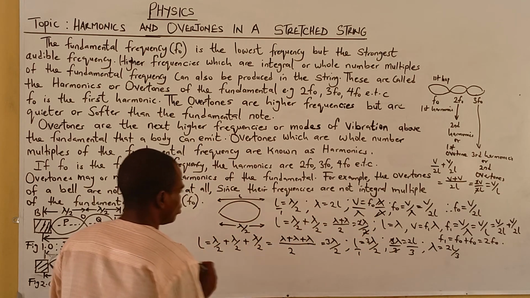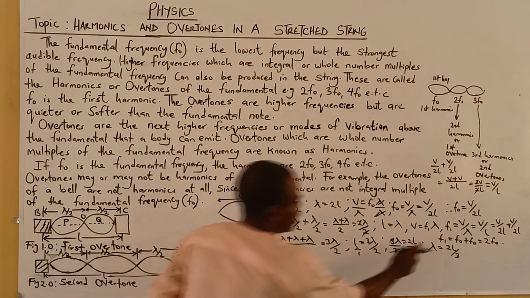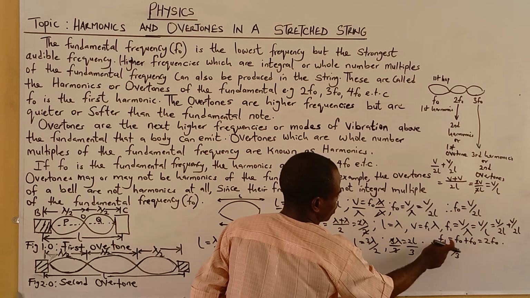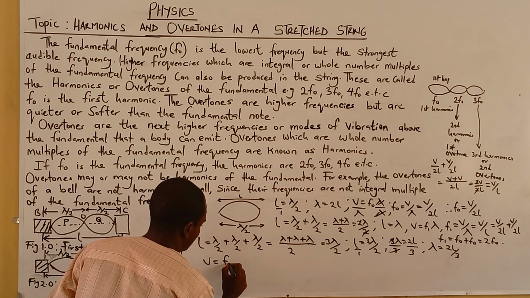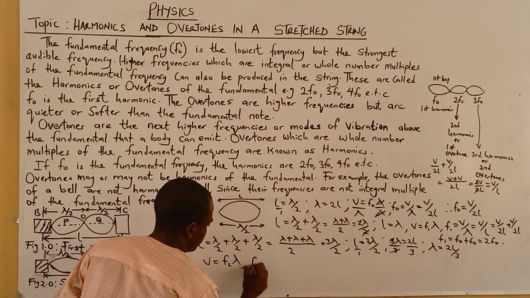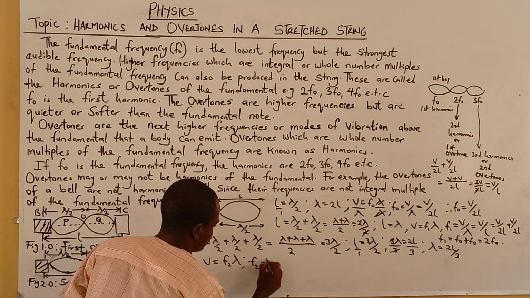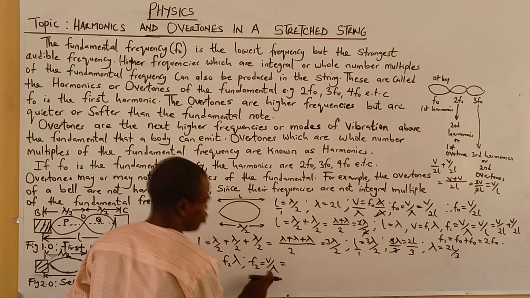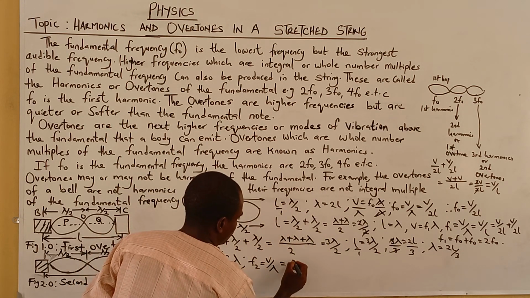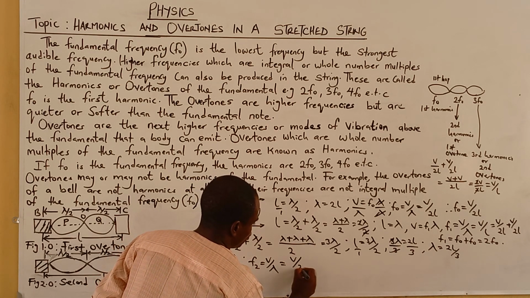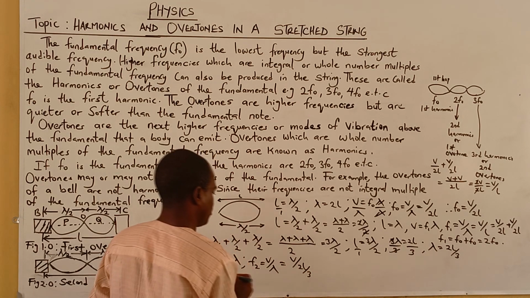Now let's go back. The first one is F naught, the next one is F1, the second one is F2. V equals F2 lambda. Now F2 equals V over lambda. We need to substitute for this lambda. That's why we made lambda the subject of the formula, which gives V over 2L over 3.